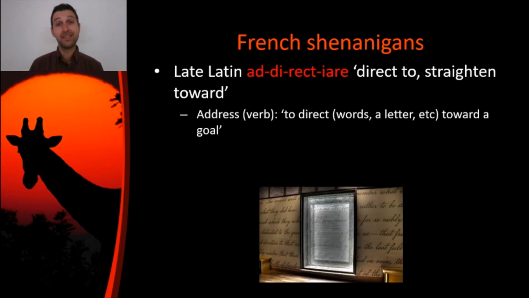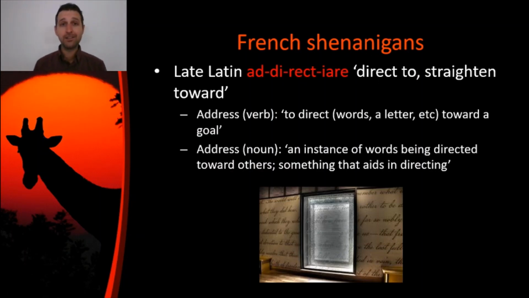You probably guessed this is where we get address from. So if you address something as a verb, you are directing it. All right. So when Abraham Lincoln decided to address people at Gettysburg, he was directing a speech toward them, and that's what address literally means. If you address something like a letter, you are, of course, directing it to somebody, so you can see how that would mean that.